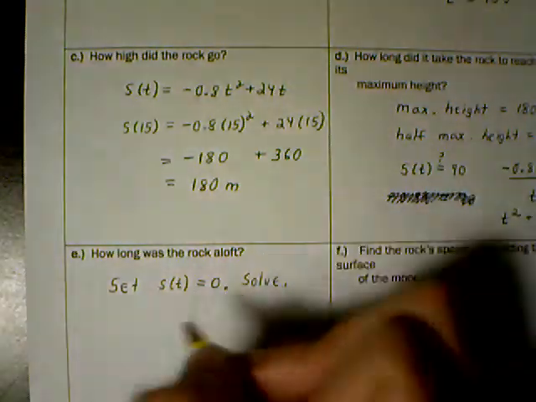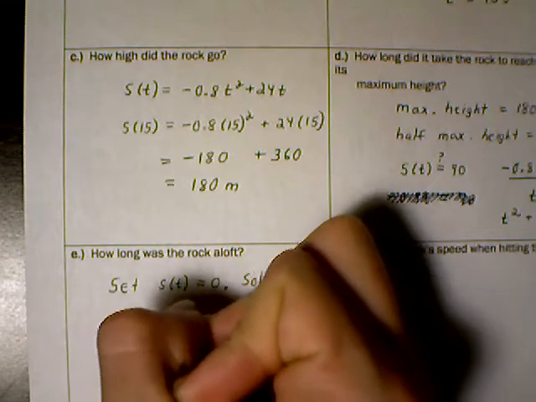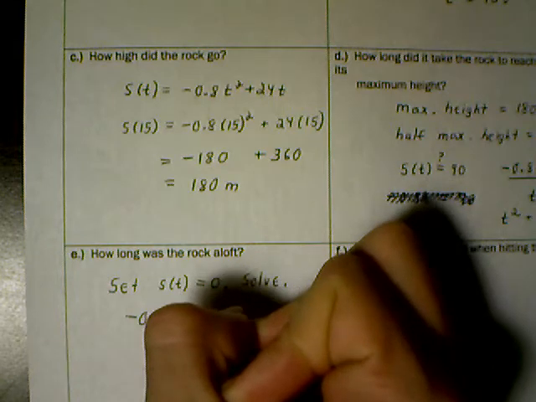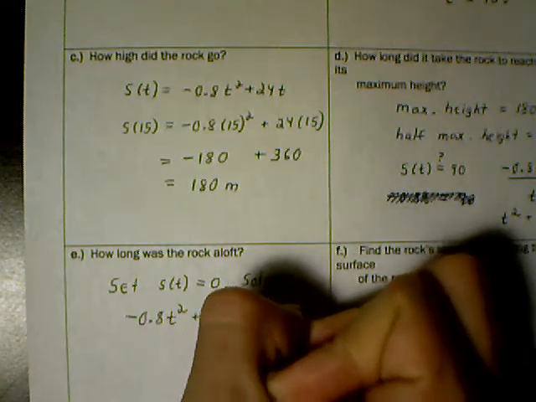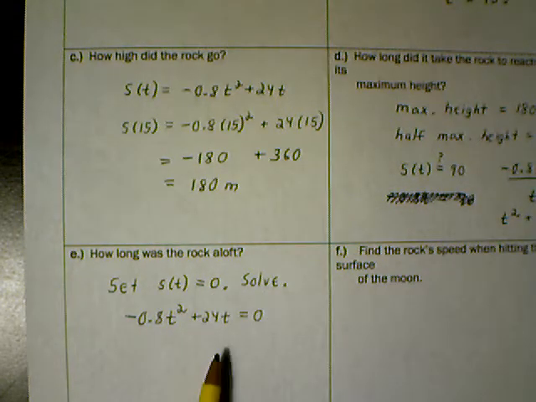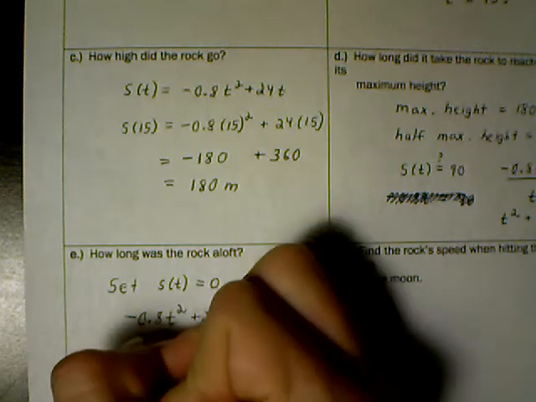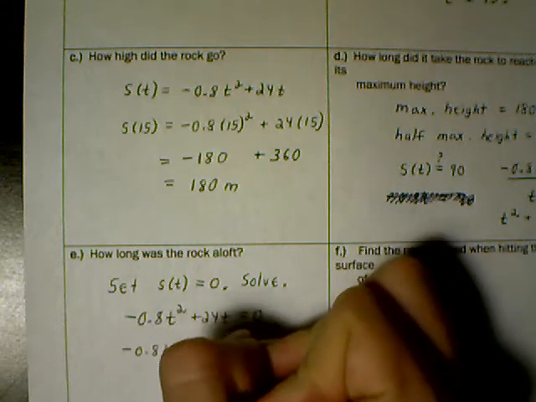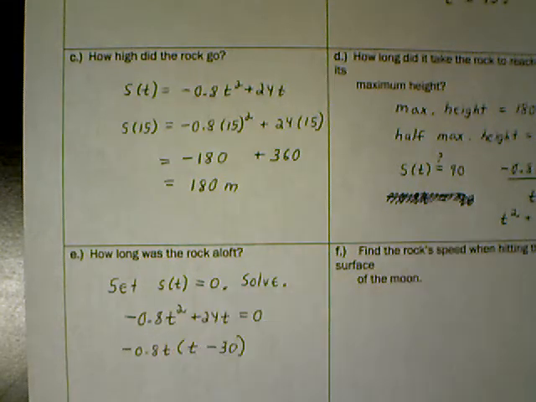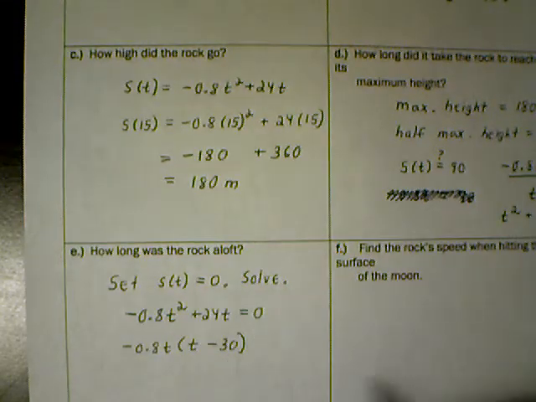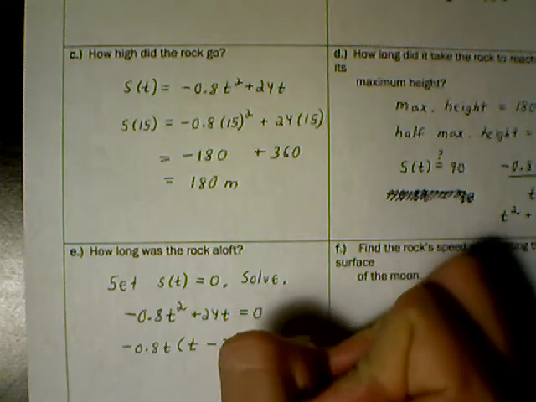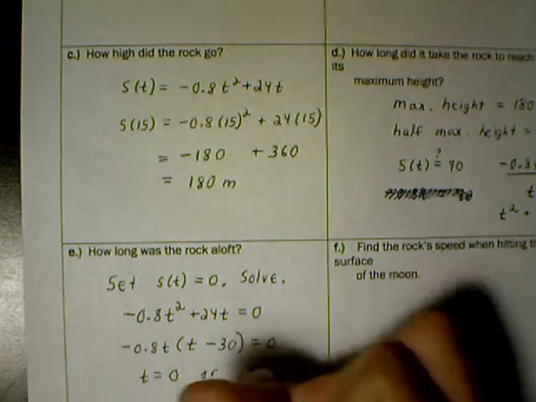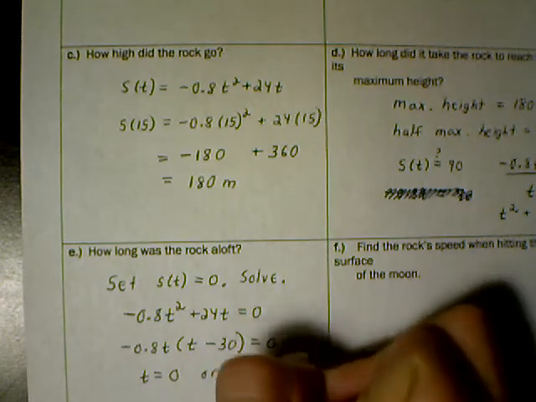So s of t was negative 0.8 t squared plus 24t, and I set it equal to 0. I'm going to factor out a negative 0.8t, and I'm left with t minus 30, because if you divide 0.8 out of 24, you get 30. This means my two t values are t equals 0 or t equals 30.